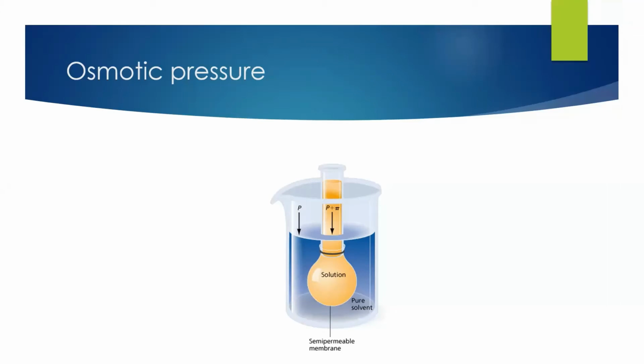So if we had 2 equal volumes, we put the salt water in with this membrane that only water can go through, that would actually swell up as water would flow into that in an attempt to dilute it. This creates a pressure differential that's shown here, where the pressure inside is greater than the pressure outside by this additional pressure called the osmotic pressure.